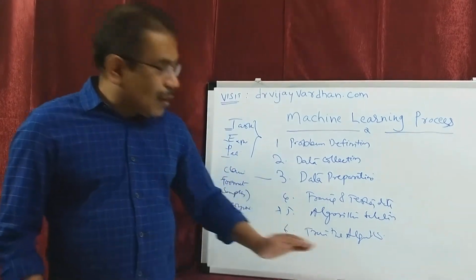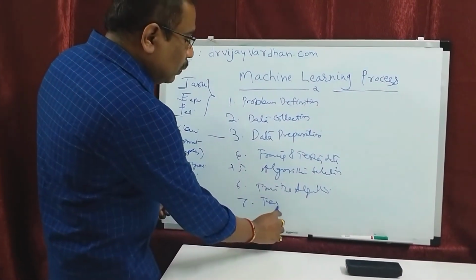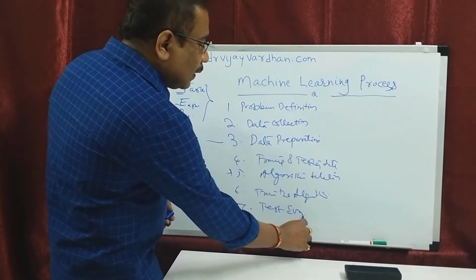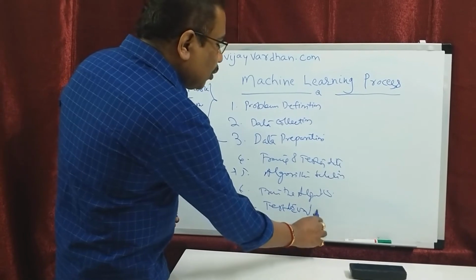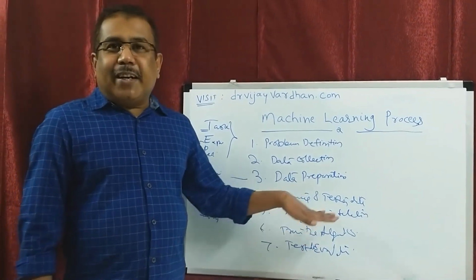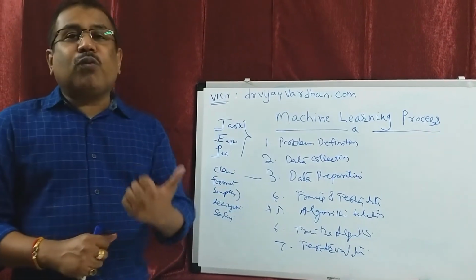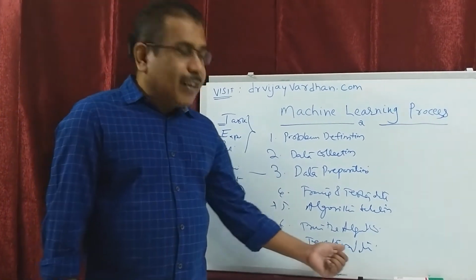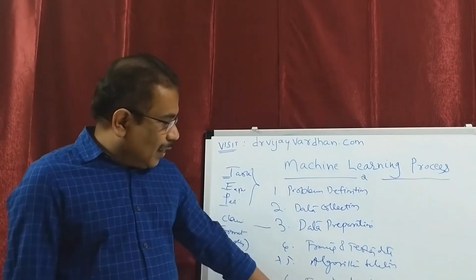Once the training of the algorithm is done, then we have to do the test data evaluation. Now we have to feed the test data to the algorithm, because so far you have not given any test data to the algorithm, so the algorithm is not biased on the test data.